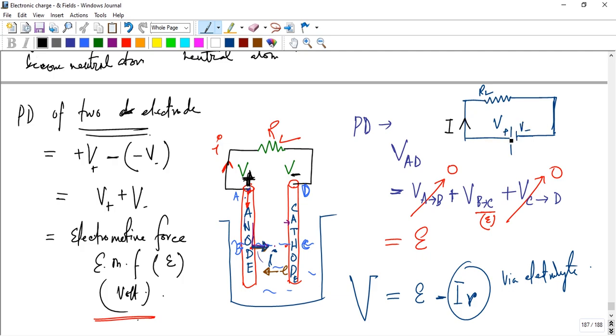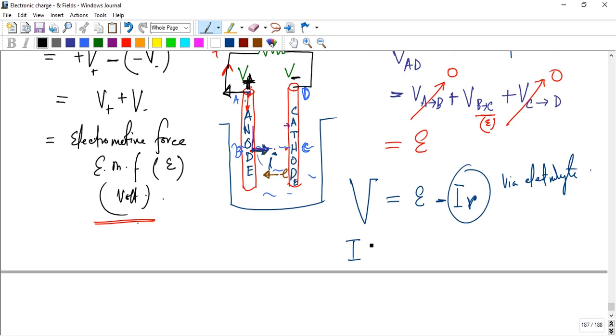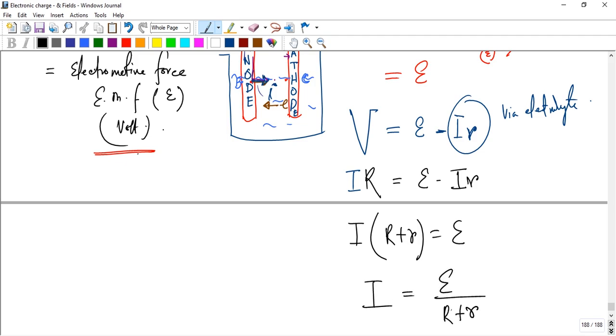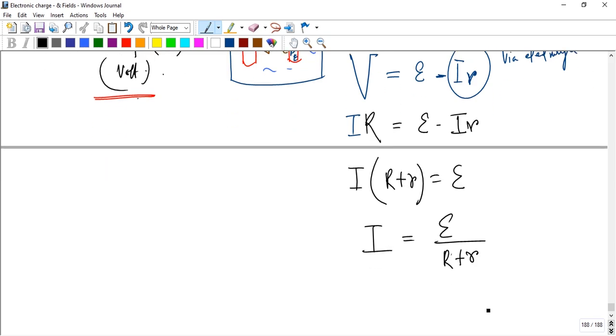One current passes in that direction, and the other current goes in that direction, plus to minus, via the electrolyte solution. That is I times small r. Okay, so you get I times R plus small r equals EMF. I equals EMF divided by R plus r. That's the final expression.